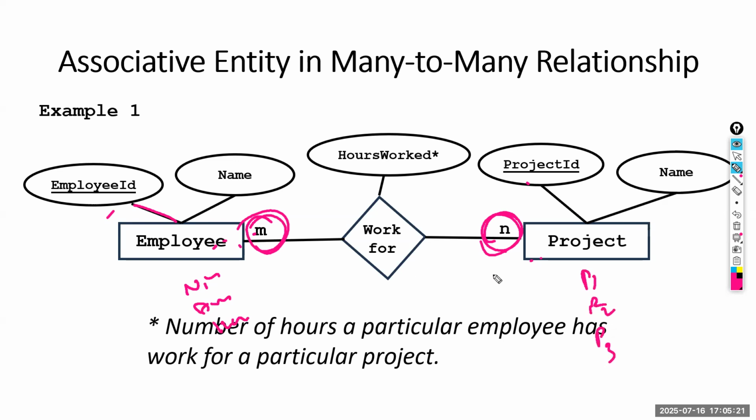Say Nimal works for project 1 and 2, Amal works for all three, maybe Kamal works for only project 3 or project 2 and 3. Then I want to keep track of how many hours Nimal has worked for project 1, how many hours Nimal has worked for project 2, how many hours Amal has worked for project 1, how many hours Amal has worked for project 3.